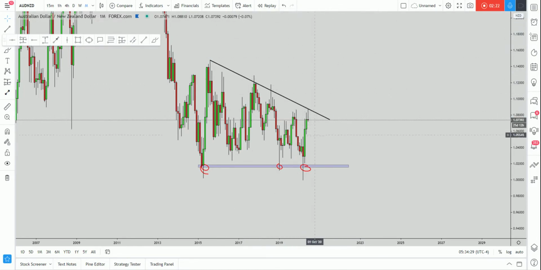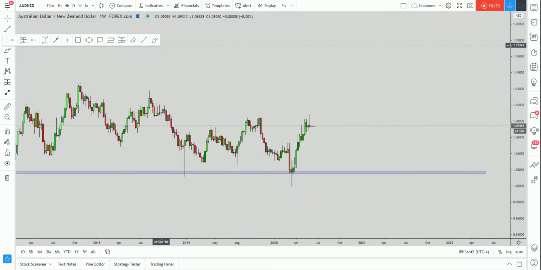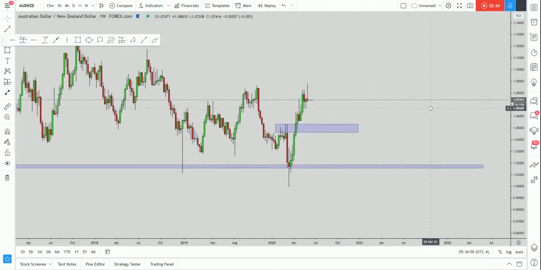So everything is indicating a possible move to the downside from a monthly and weekly perspective. Okay, situation is very clear. Monthly and weekly are bearish for AUD NZD for the completion of this big W formation, or in other words, for the test of this previous resistance here that is now turned support.